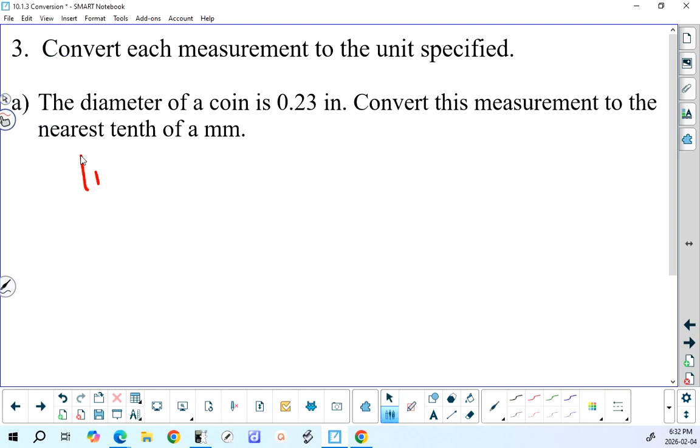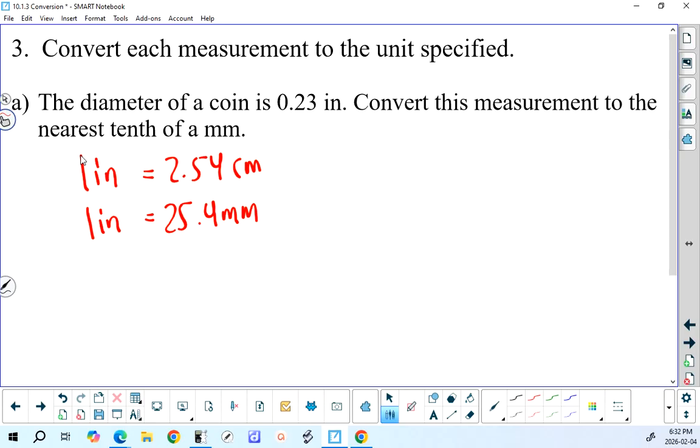Well, if 1 inch is 2.54 centimeters, I want to convert inches to millimeters. Why don't I just do this? 1 inch is 25.4 millimeters. And then I can just do one ratio and get my answer.